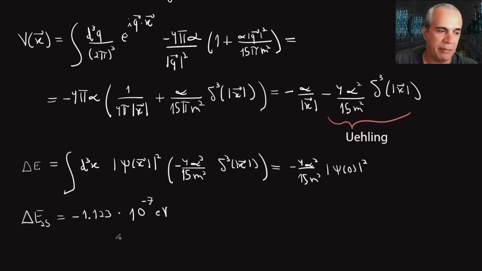It's actually small, but it's one of the many contributions to the Lamb shift. So again, you see corrections coming from quantum field theory at loop level and contributing to observable quantities that people were trying to understand.